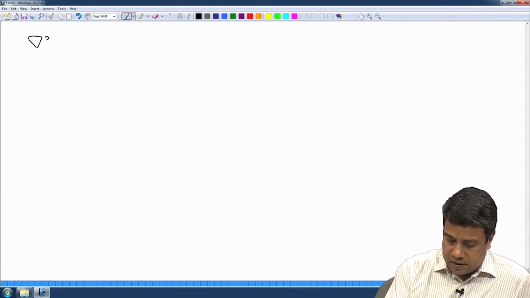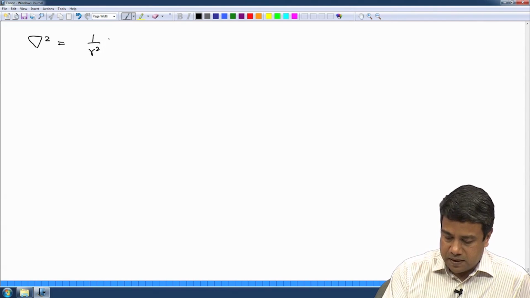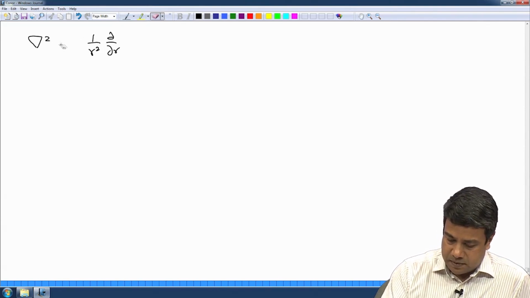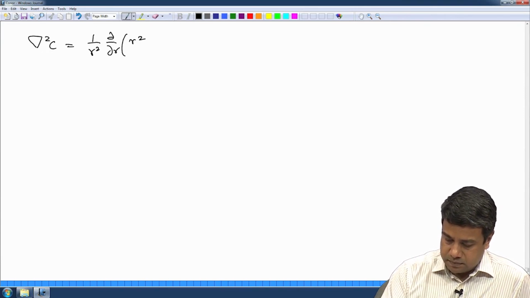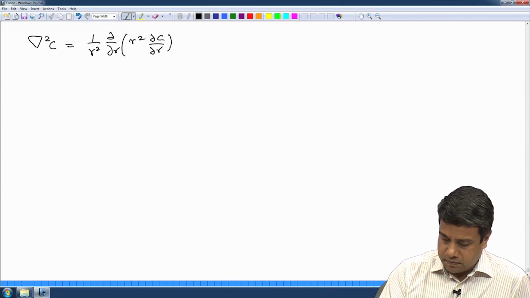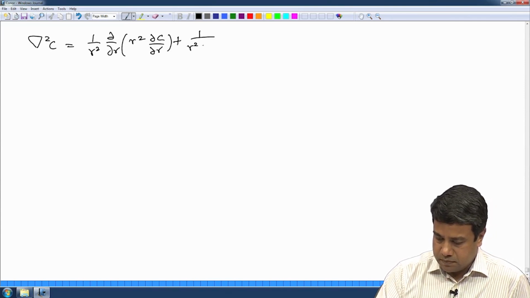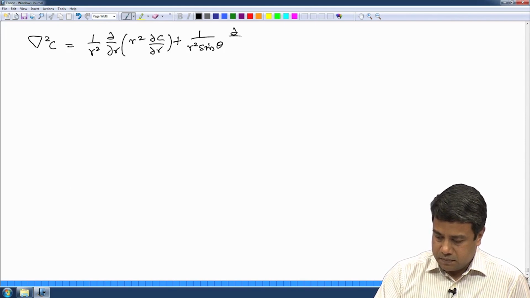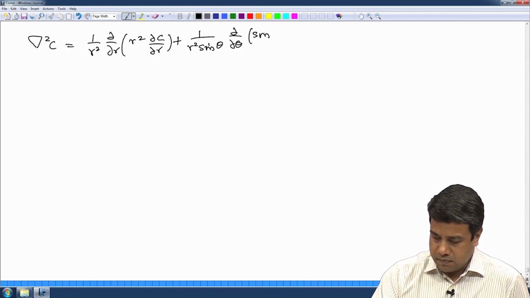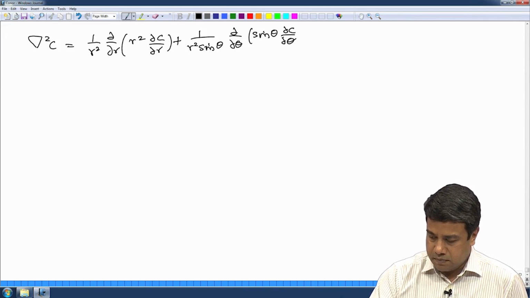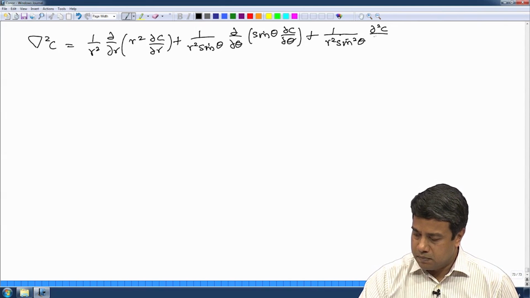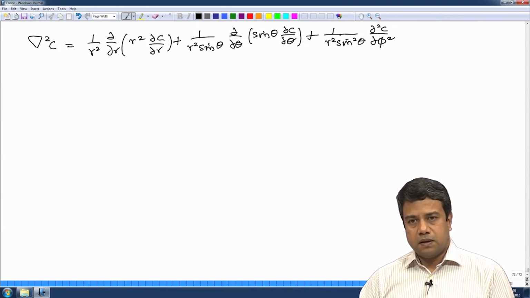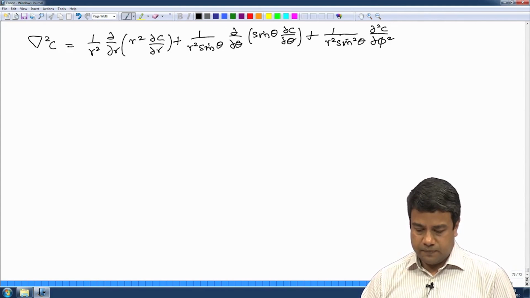In a spherical coordinate system, del square is equal to 1 by r square d by dr. That is the Laplacian of the concentration.